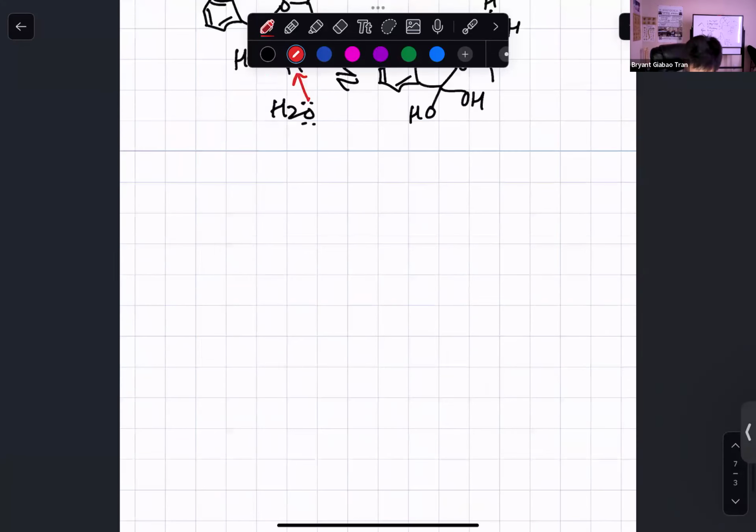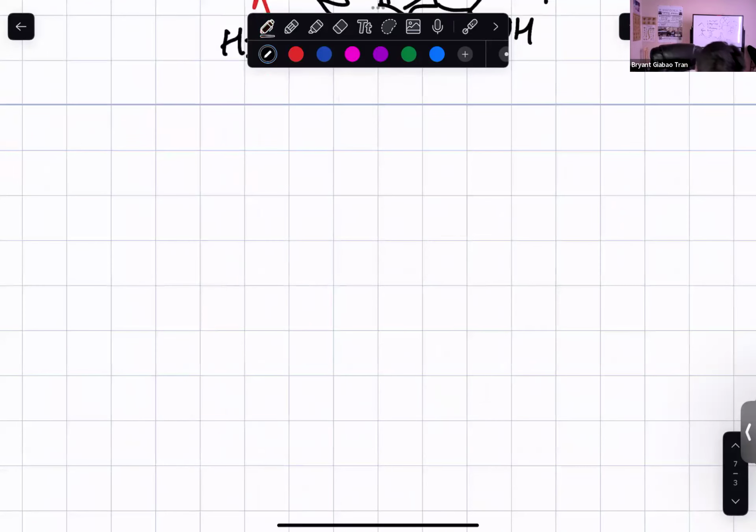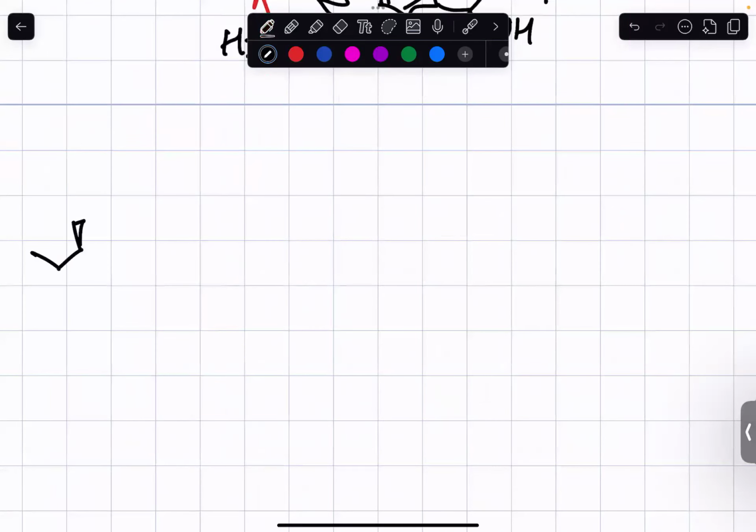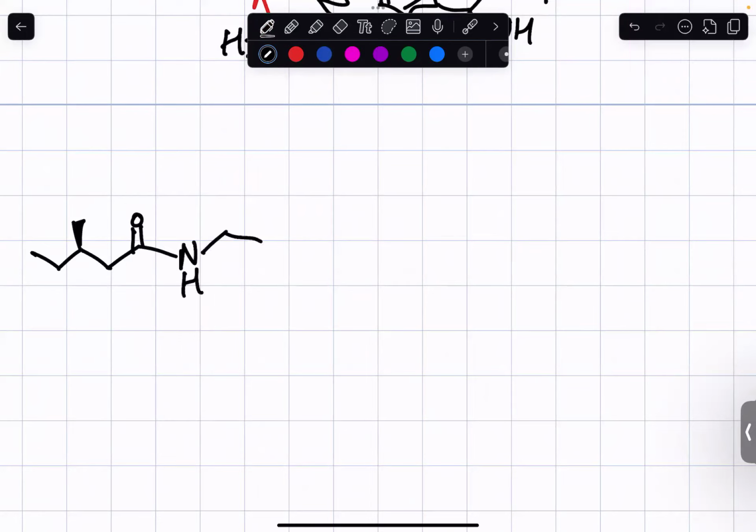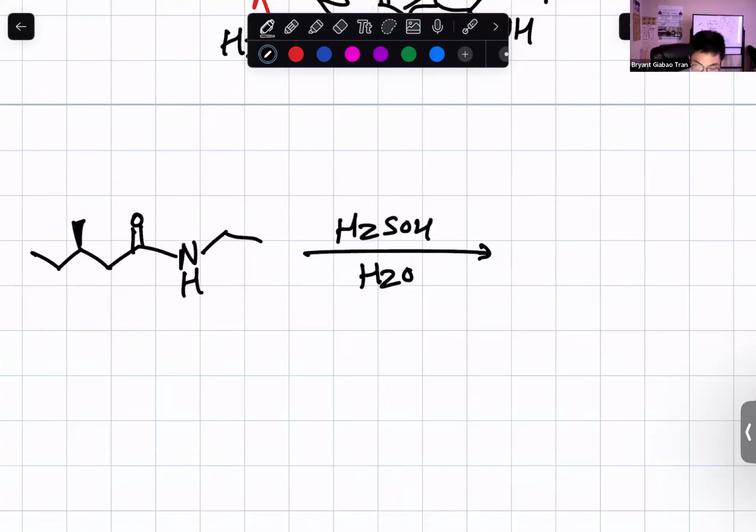Let me give you a similar one, but this time you run it through. Okay, so let's see here. Wait, when you change it, do you have to change the stereochemistry?